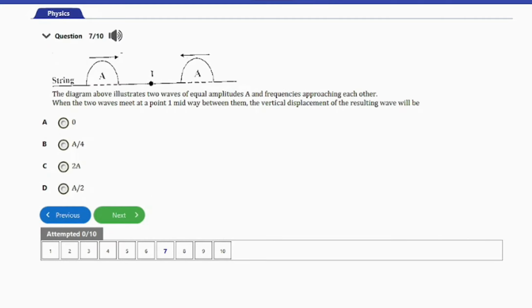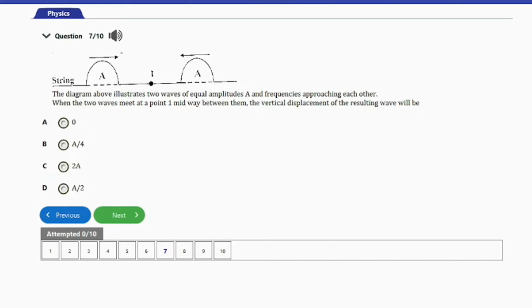So guys, the next question here is question number 7. We have a diagram here, and the question says, the diagram above illustrates two waves of equal amplitudes A and frequencies approaching each other.